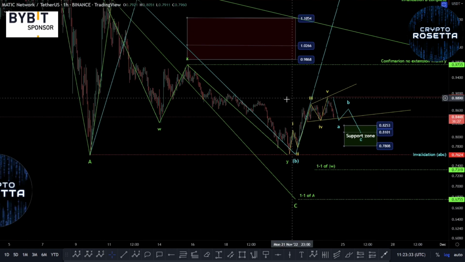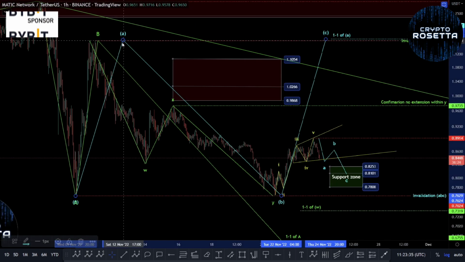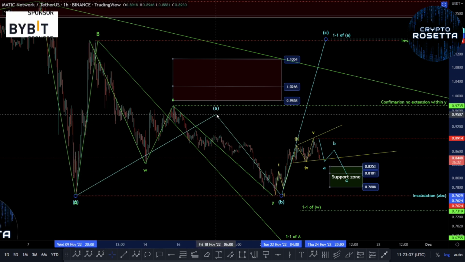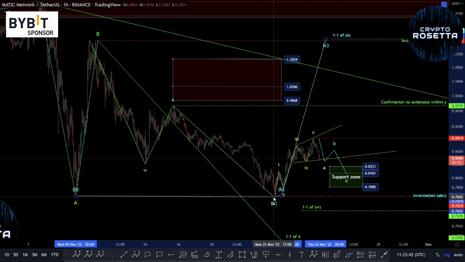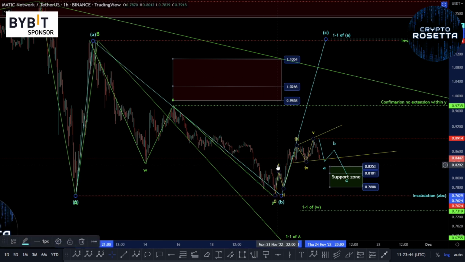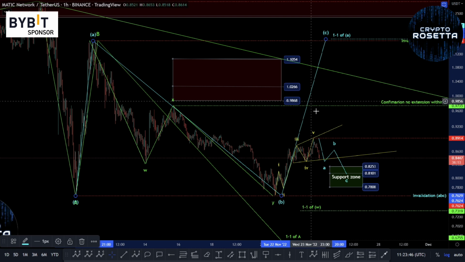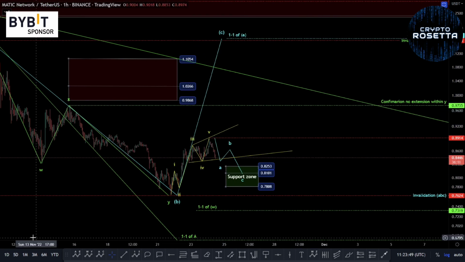And effectively what we'd be looking for is the potential of this being an A wave to the upside, this whole thing being a WXY down to this low point, and looking for potential of forming this C wave to the upside.